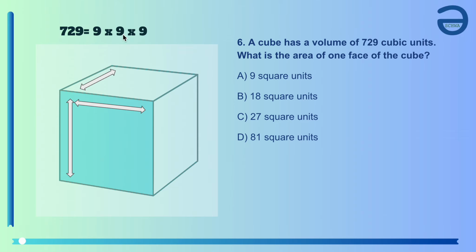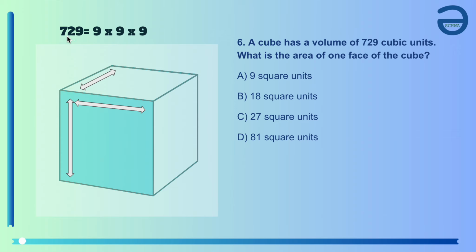729 is actually 9 into 9 into 9, or 3 times 3 into 3 times 3 and 3 times 3. So each side is actually 9. You can get this by the prime factorization of the number.